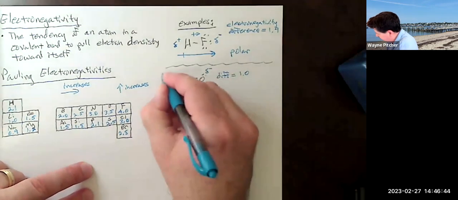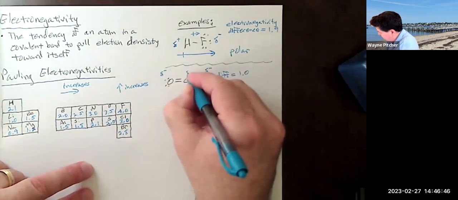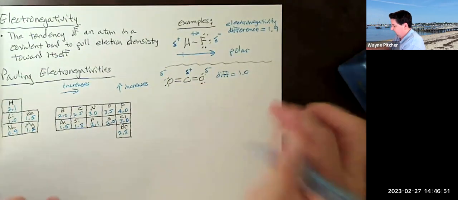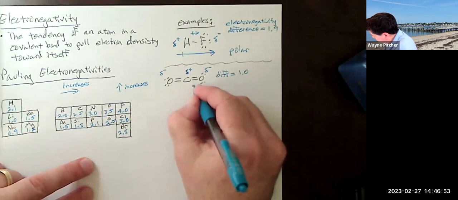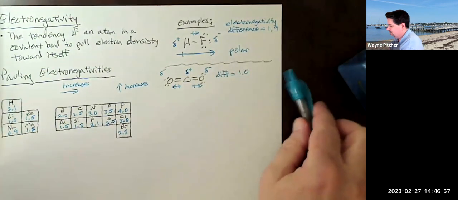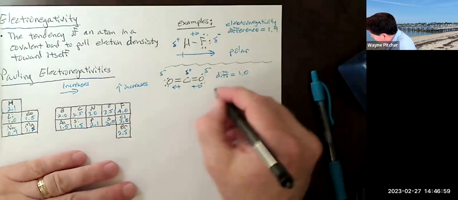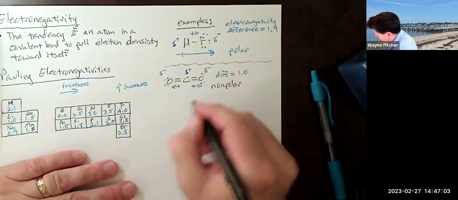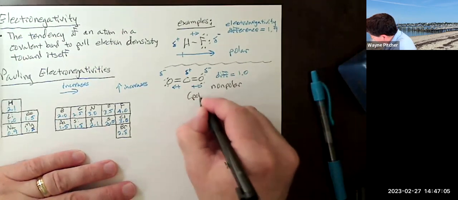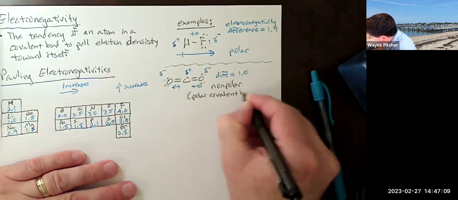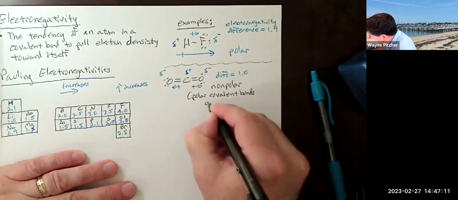So we would have a delta minus where the oxygens are and a delta plus where the carbon is. So what happens is our polar covalent bonds essentially offset each other. So this guy is non-polar. And we can say that the polar covalent bonds offset.